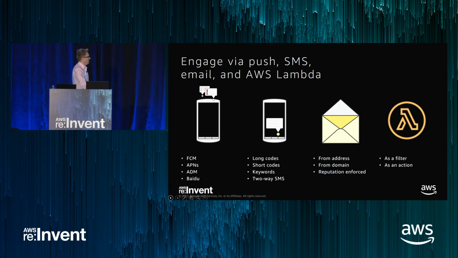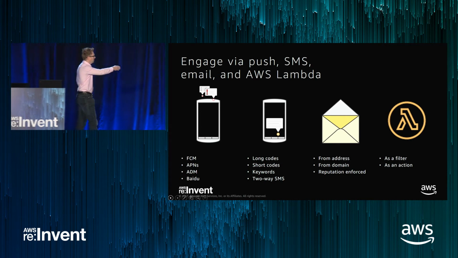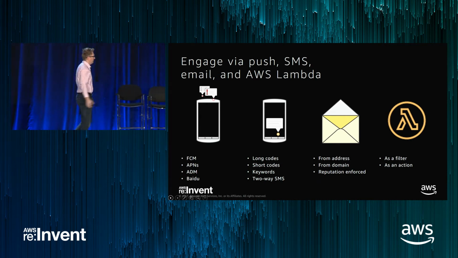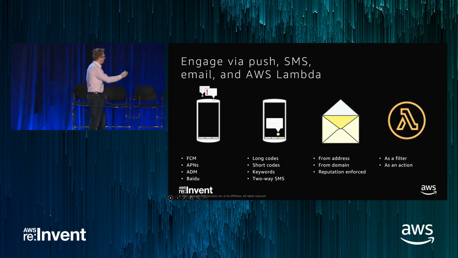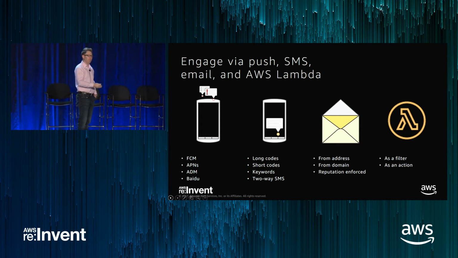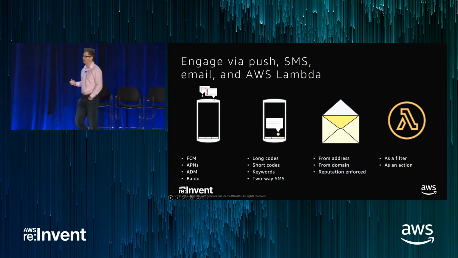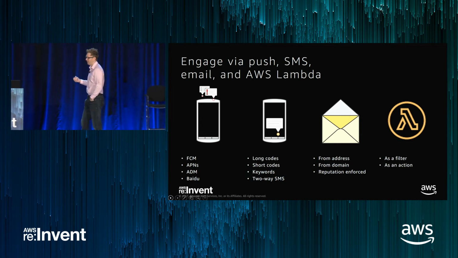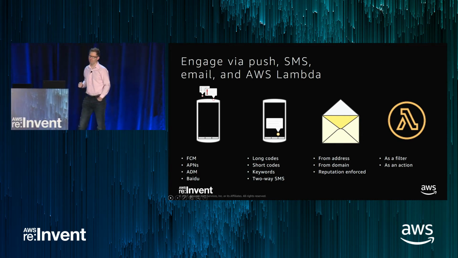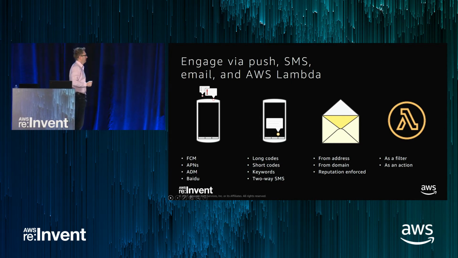Pinpoint extensions also lets you use Lambda as an action. So the first three columns, push, text, email, those are the actions. That fourth column, Lambda as an action, what that means is all of the endpoints that I've extracted at the time of campaign execution, I'll actually send to a Lambda function that you provide.